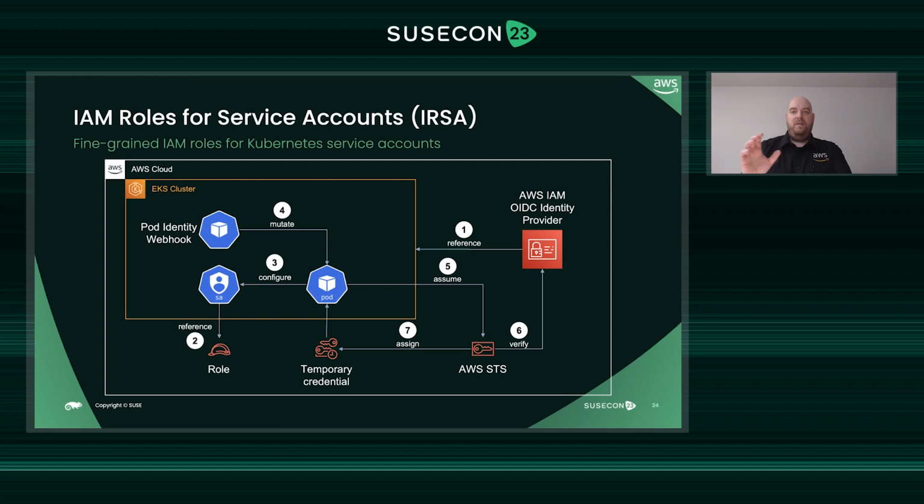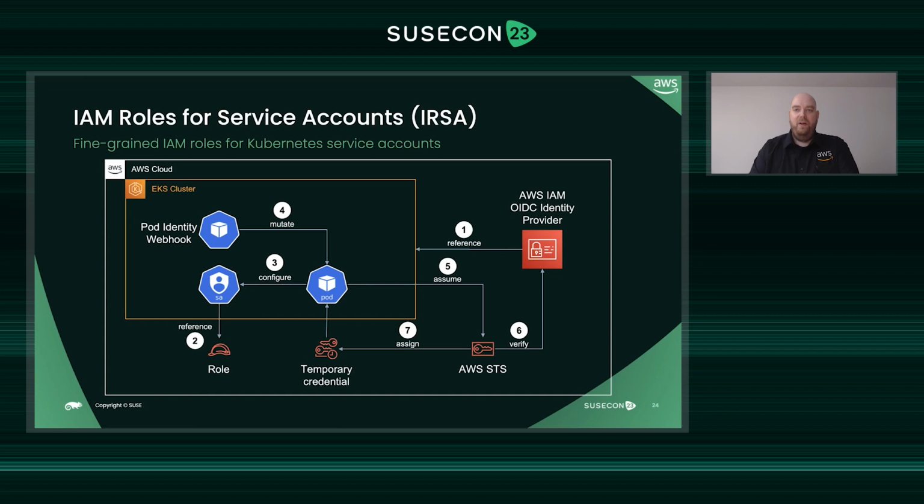Then step 4, this is where we have the pod identity webhook. That's something running in the EKS cluster, and it's always triggered when a pod with such a service account annotation comes up. This pod identity webhook will then change the configuration of the pod and add additional stuff like the link to the IAM role and a credentials file which gets injected, so that IRSA can be used from inside the pod from a technical point.